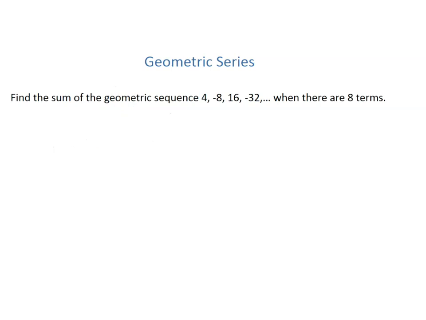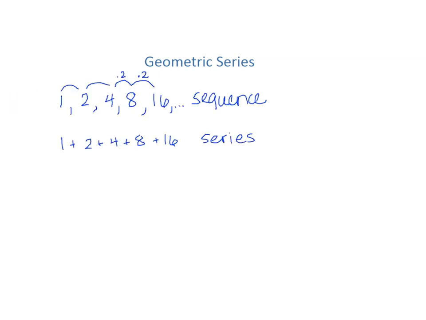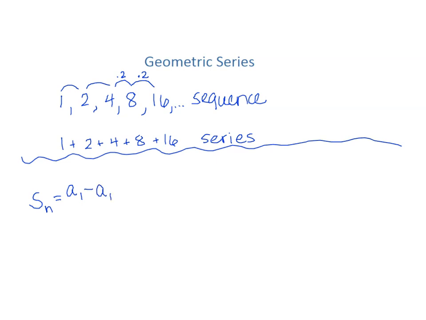And actually, there are 2 formulas that we're going to need. Let me write these 2 formulas on this first page. Here's the first one. The sum of the first n terms is the first term minus the first term times r to the nth power, over 1 minus r.